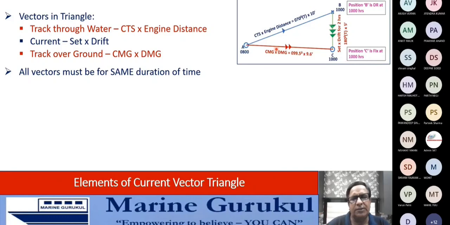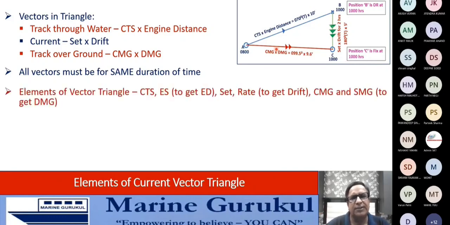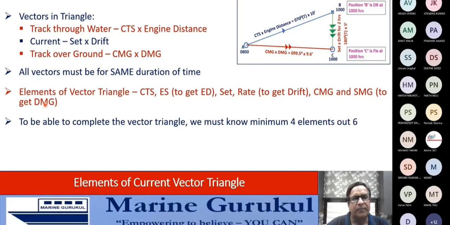Now, since there are 3 vectors, each having a direction and magnitude, there shall be 6 elements of the vector triangle. These elements are course to steer, engine speed, from which we get the engine distance, set and rate of current, from rate we get the drift of the current, CMG and SMG, from which you get the distance made good after you integrate them with time.